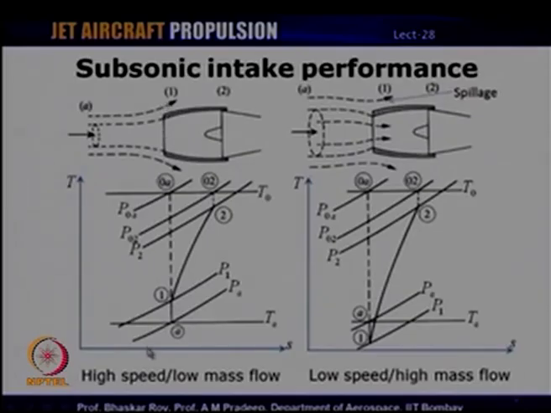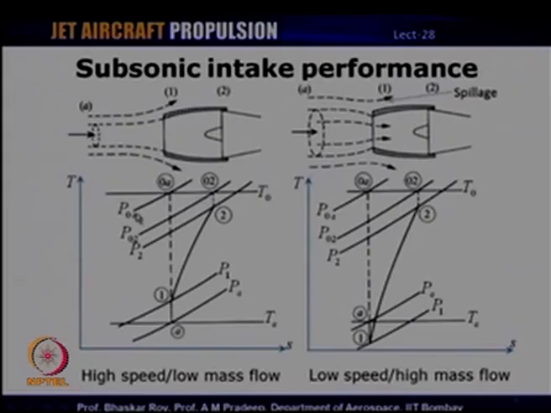From 1 to 2 is diffusion, internal diffusion, which is non-isentropic. You can see it is a non-isentropic diffusion from 1 to 2. Now, if the whole process were to be isentropic, then you would have got a stagnation pressure of P0A, and because of the fact that there is a certain pressure loss taking place within the internal surface of the diffuser, the pressure that you ultimately get at station 2 is P02, which is less than P0A.